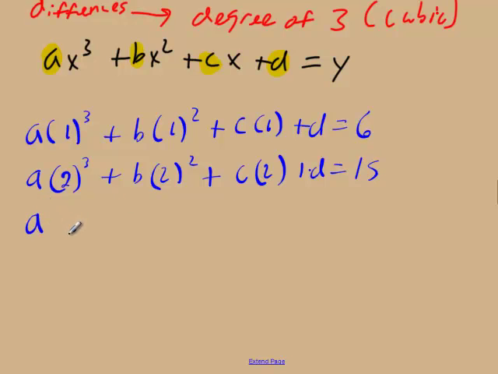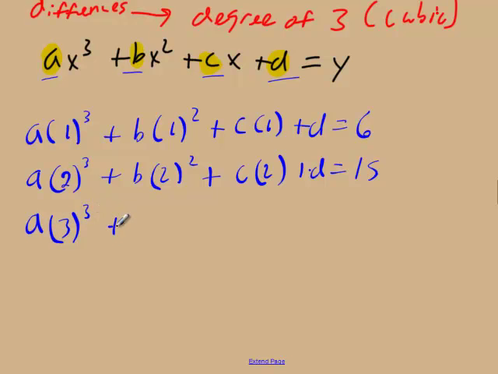Basically I'm going to need 4 equations here, and the reason I know I need 4 equations is because I have 1, 2, 3, 4 variables that I'm looking for. So for each variable we need to add another equation. So 4 variables, 4 equations.